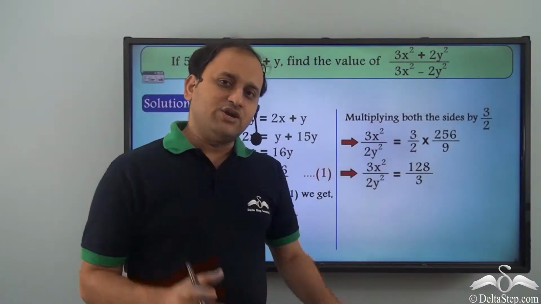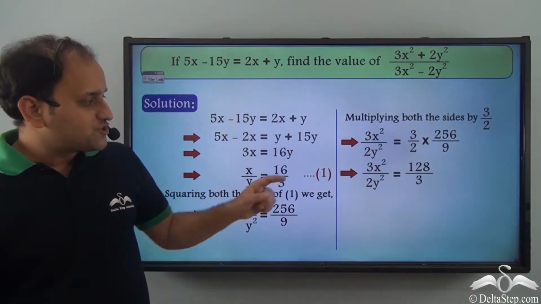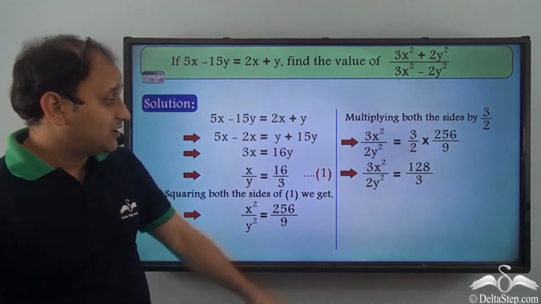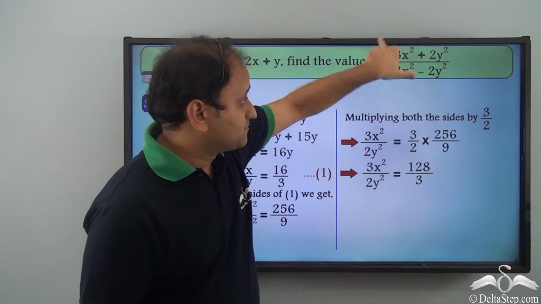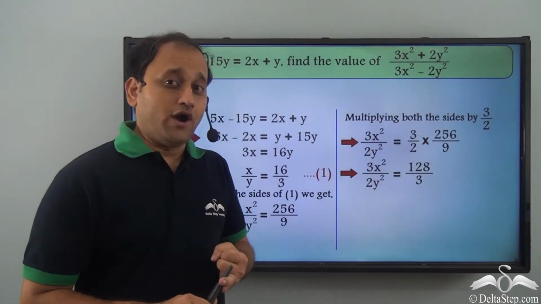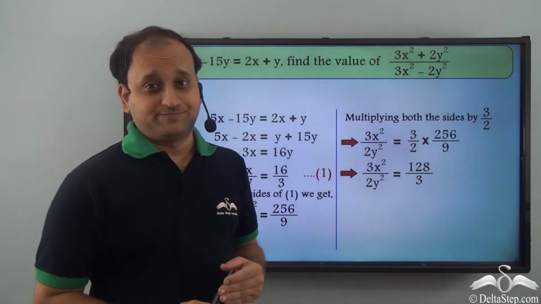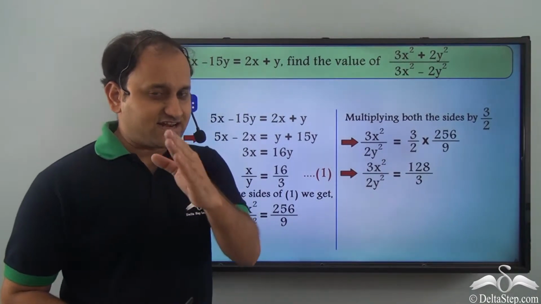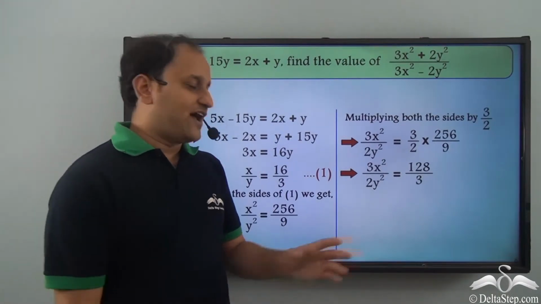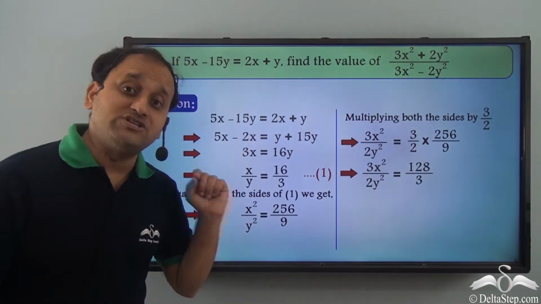So now can you answer this question? Which property of ratio and proportions do we apply so that we get this expression? Invertendo, dividendo, or componendo dividendo? What do you think is the right answer? Well, the right answer is componendo dividendo.